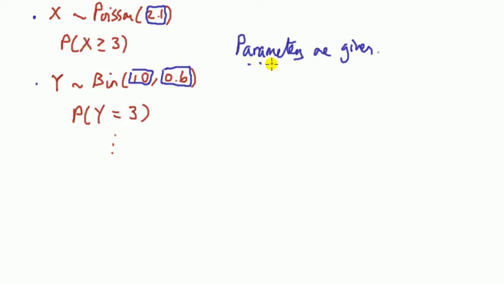But in real life, in modeling, parameters are unknown and so have to be estimated, and the MLE is one such method for estimating the parameters. So before we can calculate these probabilities, we actually have to find what these parameters are.